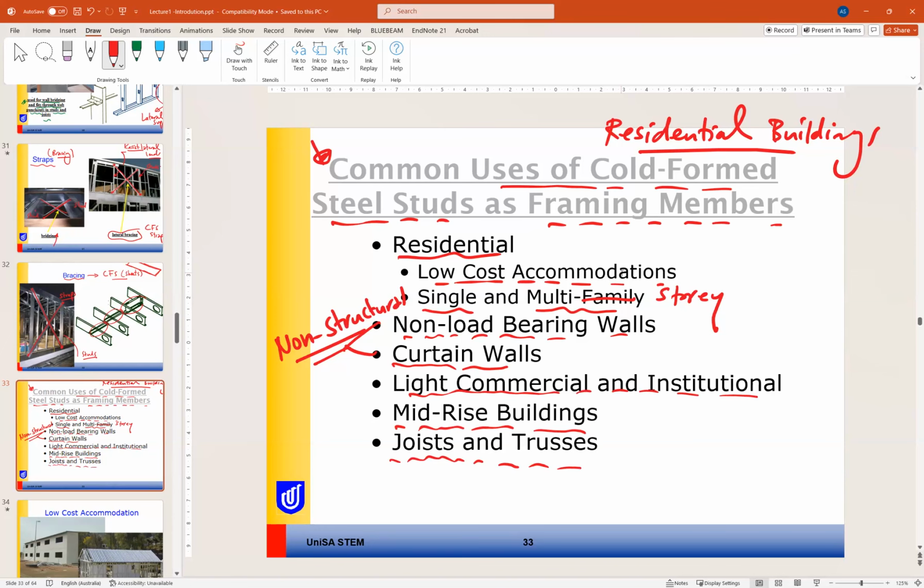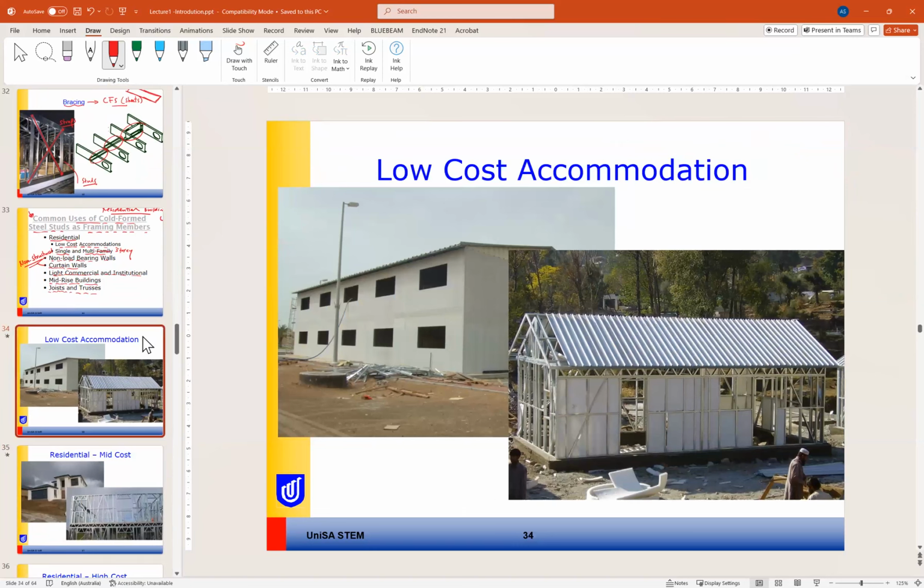So all these are common uses of the cold formed steel studs, and these are some examples here for cold formed steel studs and other elements.